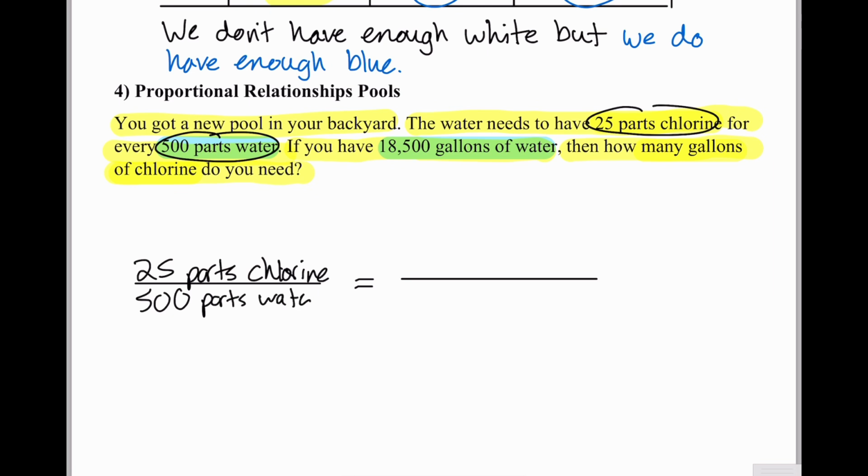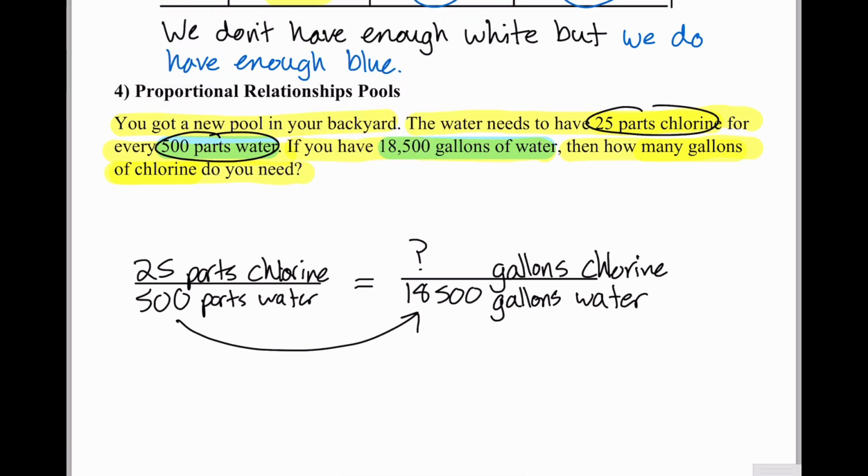And then we want to know how many gallons of chlorine do we need if we have 18,500 gallons of water?